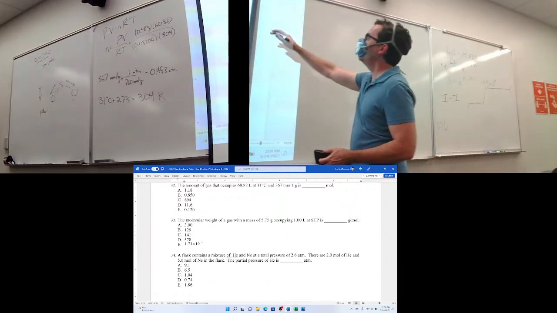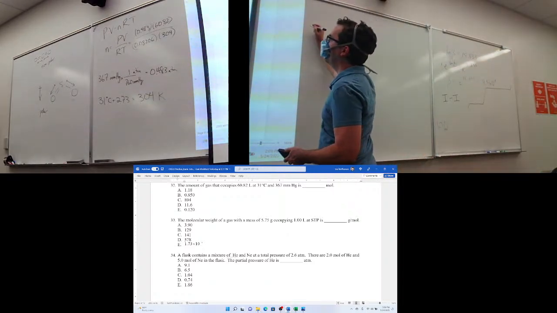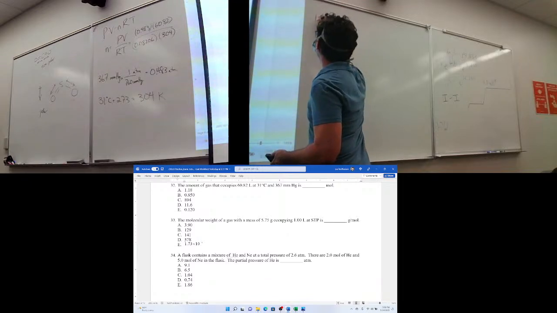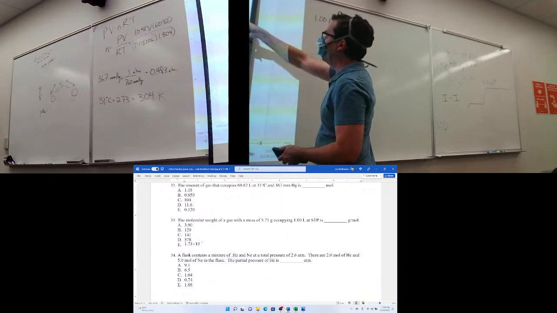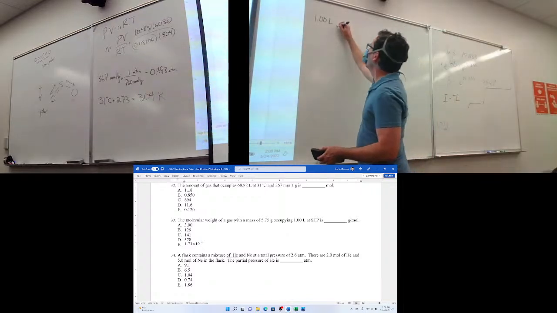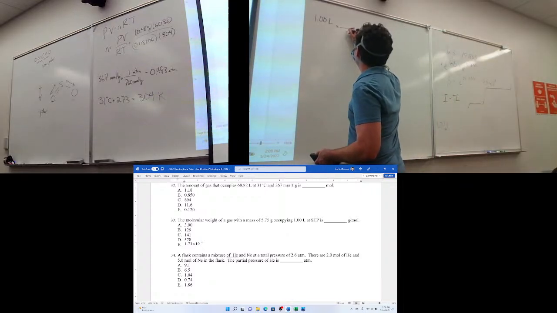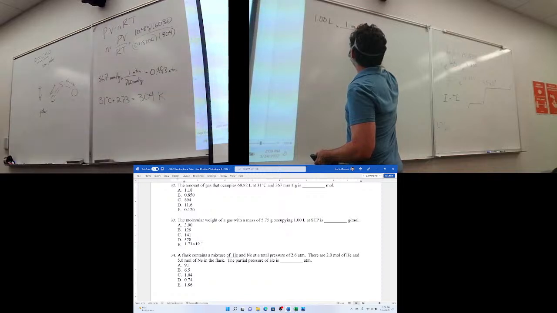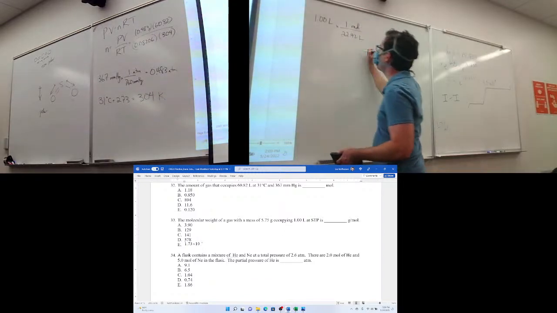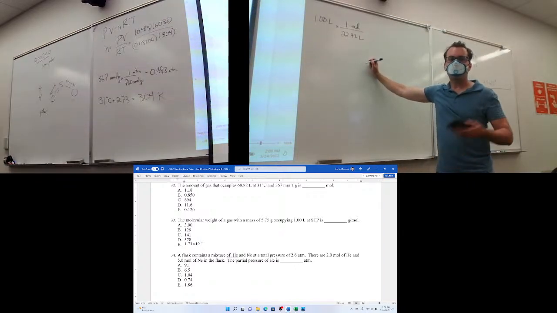So you could use molar volume. You could say, well, if I have 1 liter and it's at STP, well, that means that 1 mole of a gas will occupy 22.42 liters of space. That's the shortcut STP molar volume tells us.